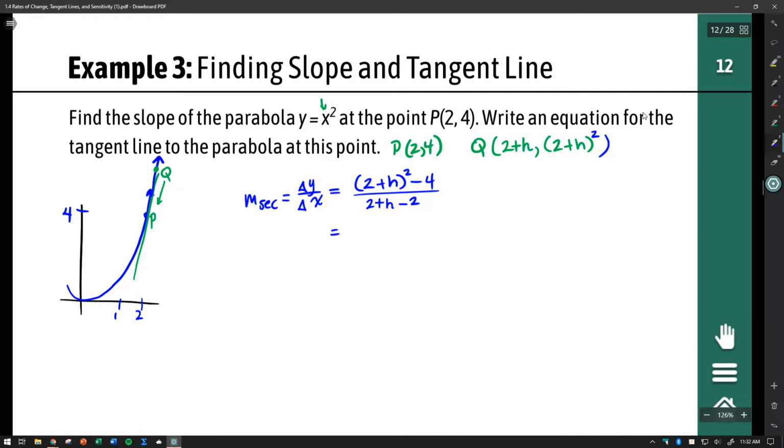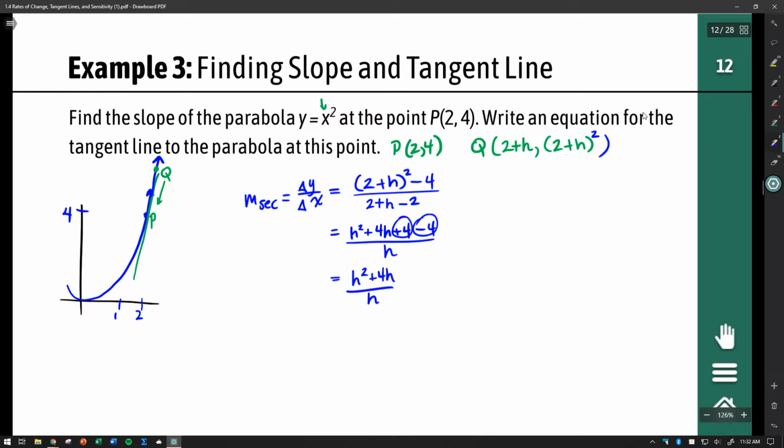So what does this work out to be? Well, 2 plus h quantity squared is h squared plus 4h plus 4, and then we have our minus 4 there. In the denominator, 2 plus h minus 2 becomes h, and we can continue to simplify. 4 minus 4 makes 0, so we have h squared plus 4h all over h.